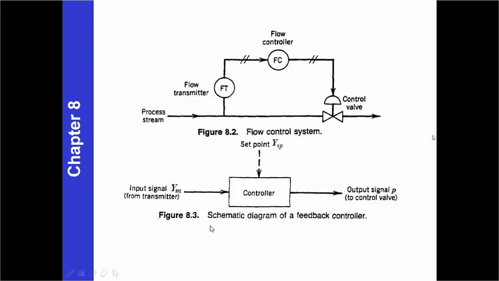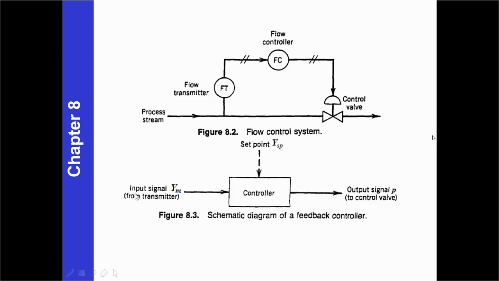Then we also have the schematic diagram of a feedback controller. We have an input signal going into the controller. For this figure 8.3, when referring to figure 8.2, the controller here could simply be a flow controller. We set the set point YSP for the flow controller, whatever flow you require, in the form of the flow rate or even the velocity. It's probably easier to set it as a flow rate.